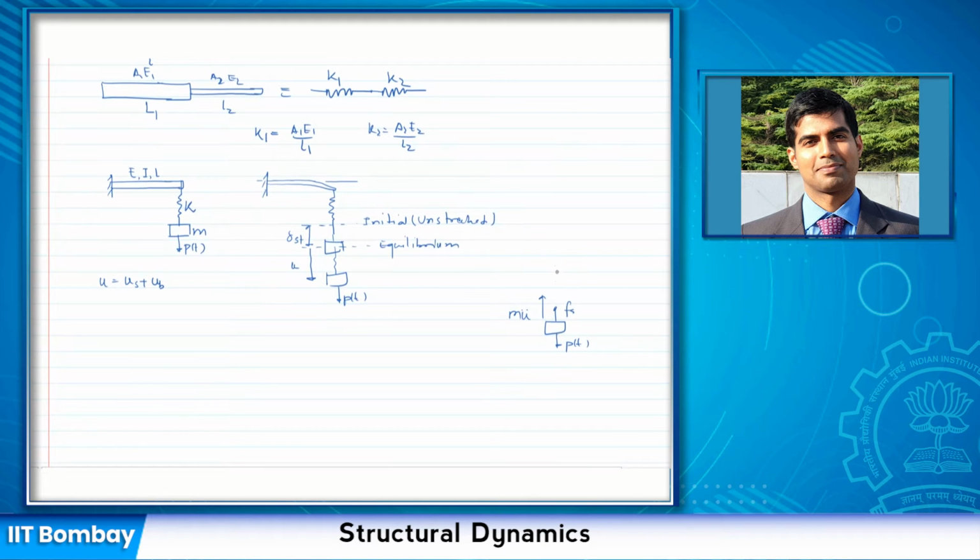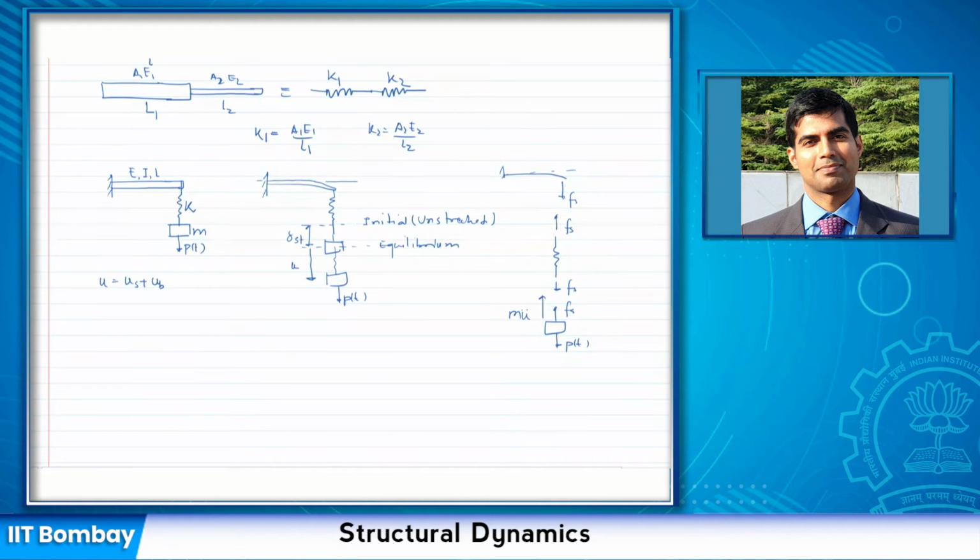Now for the spring here, which is in between, again by the principle of equilibrium, I will have the same force, whatever force it is applying at the block. So Fs at both ends of the spring, and then at the end of this beam, I have the same force Fs acting on this beam.